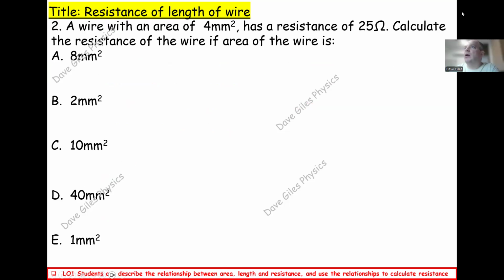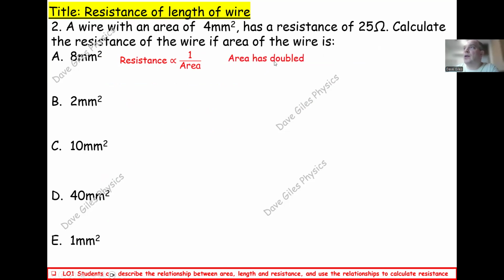Now, a wire with an area of 4 millimeters squared has a resistance of 25 ohms. Calculate the resistance of the wire if the area of the wire is 8 millimeters squared. So here, resistance is proportional to 1 over area. The area has doubled. So it's 25, the original, times 1 over how many times we've increased the area, we've doubled it, so 1 over 2.